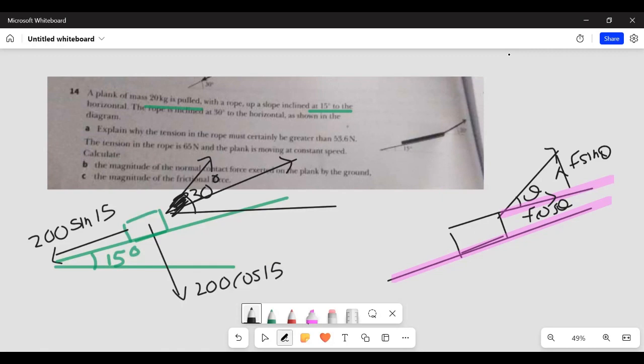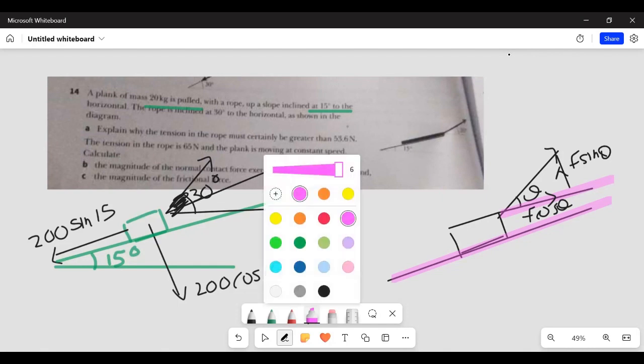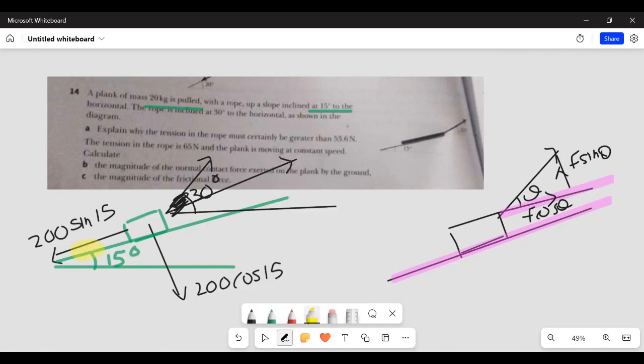Now this is simply 15 degrees. This one. Right? And it's an angle between the slope and the horizontal surface. This 15 degree is an angle between the horizontal surface and the slope. Notice that this is also the same angle.